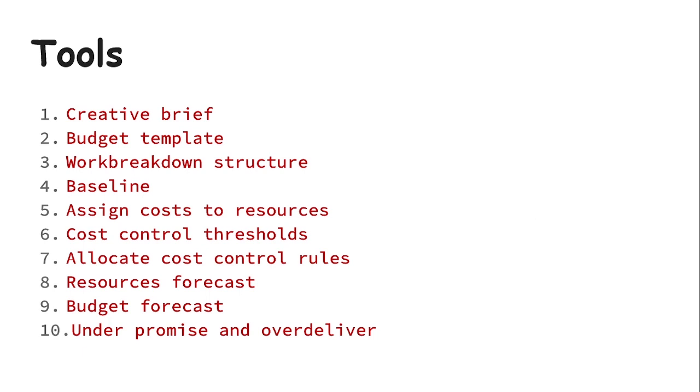So one, you need to have a creative brief. The creative brief helps you define your project scope, and it is the very first step to creating a very solid budget. In the creative brief you are clarifying your objectives as well as the strategies for obtaining them efficiently.